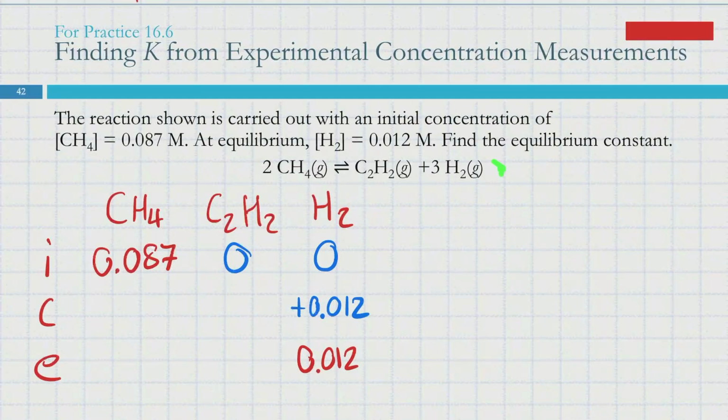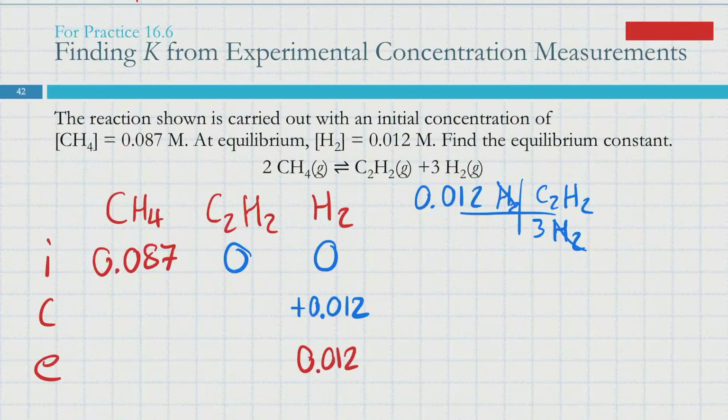Our ratio of H2 to C2H2 is going to take our change of H2 to our change of C2H2. So 0.012 H2 to C2H2, we've got 3.